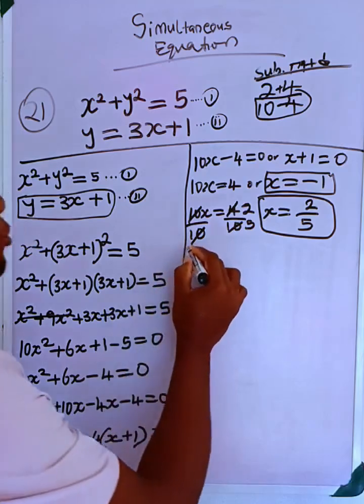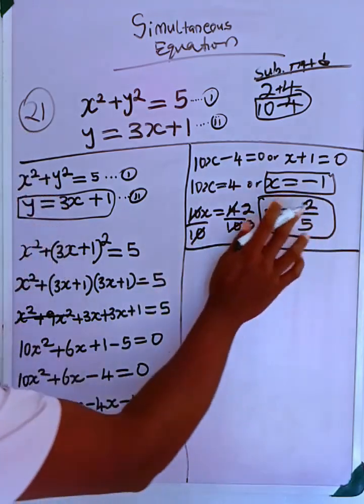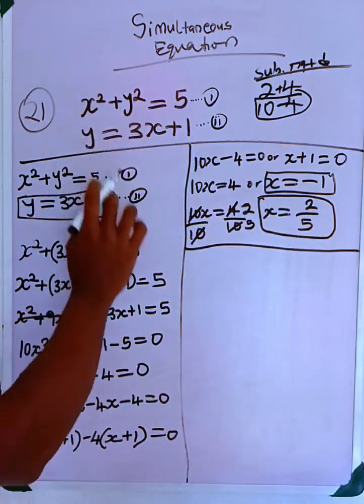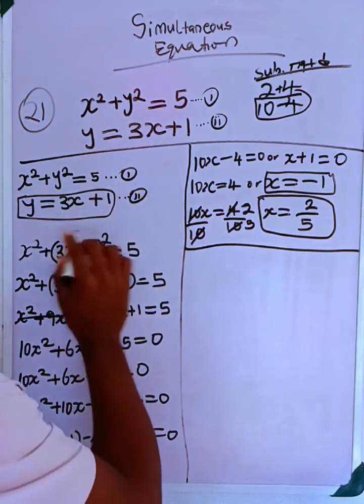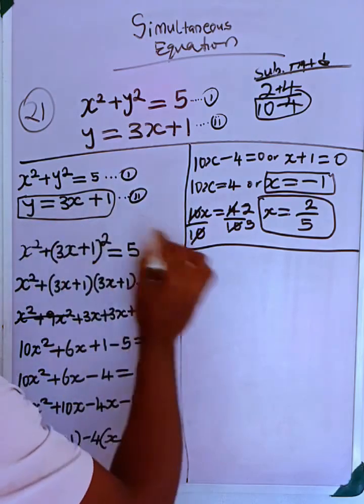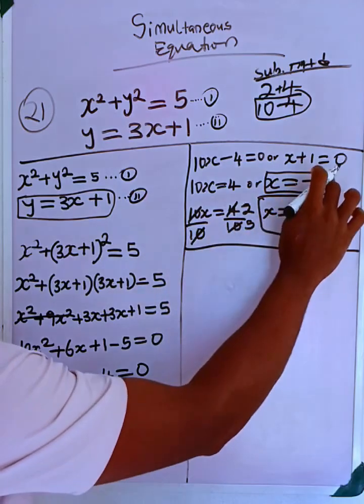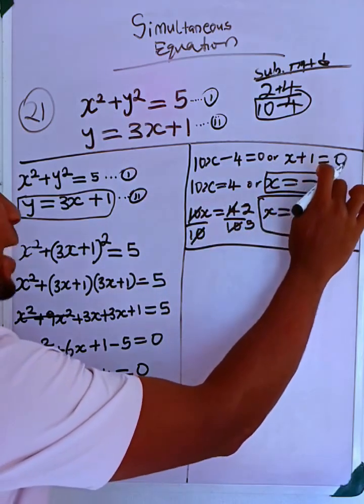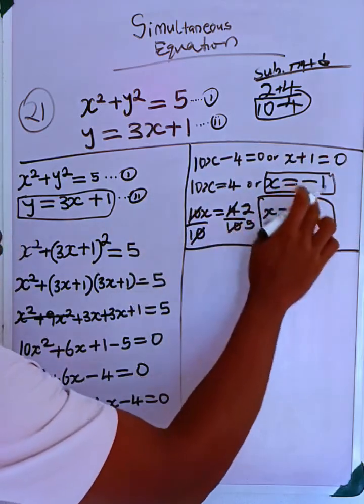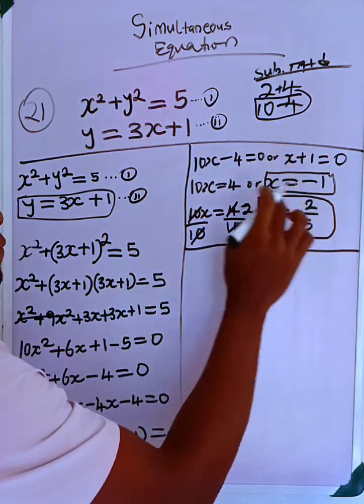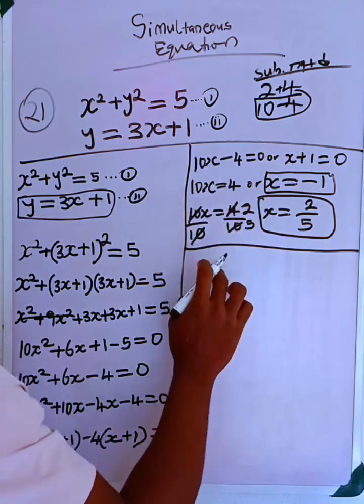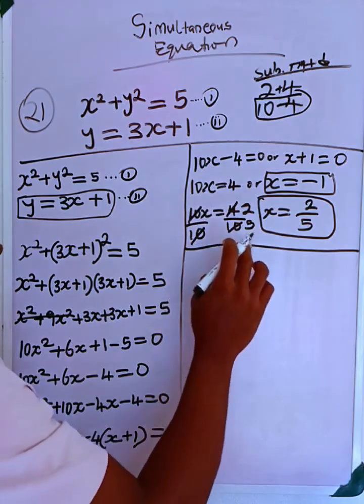Now we are going to substitute x in both occasions in this equation to get the value of y. So going back to y equals 3x plus 1, we need to substitute x. When x is minus 1, what is the value of y? When x is 2 over 5, what is the value of y? We will determine.